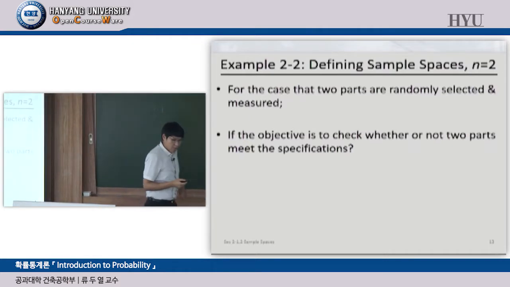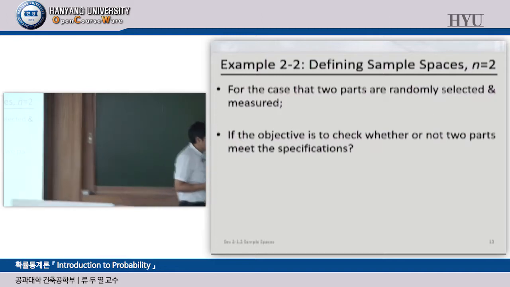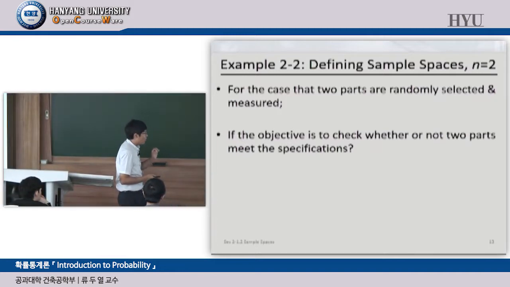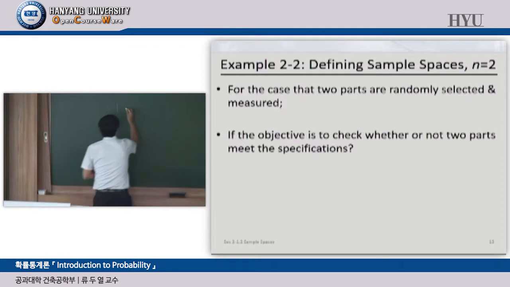And there is a possibility that we can select the first part with satisfaction from the specification, right? In this case, the part that we selected meets the specification. And in that case, we can say y here, yes.